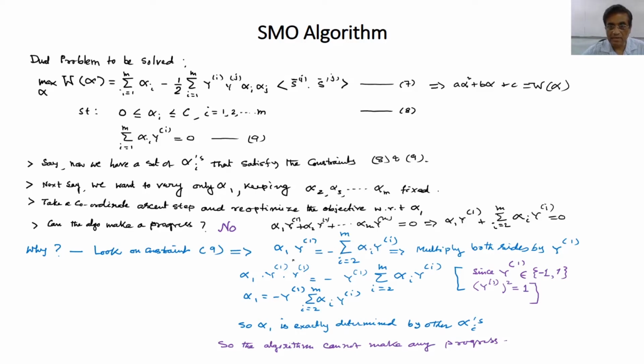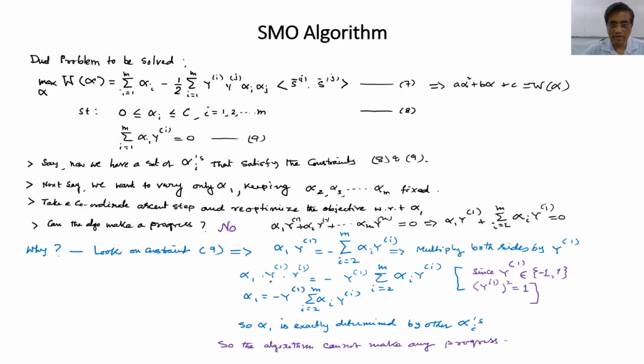So multiply both sides by y1. y1 belongs to only two classes, minus 1 and plus 1, so the square of this label will be 1.